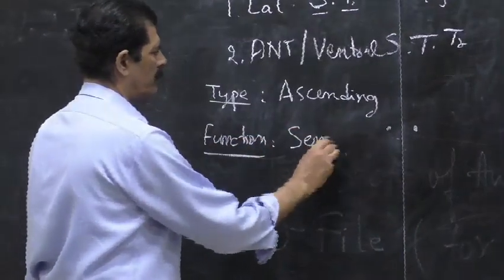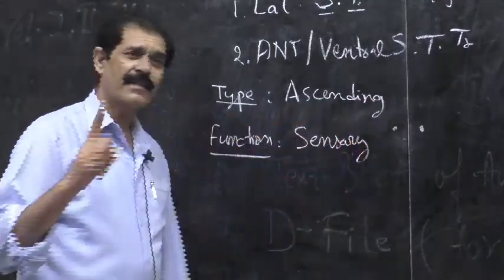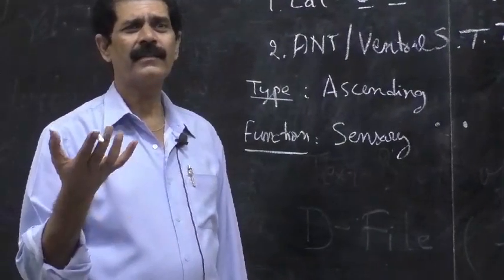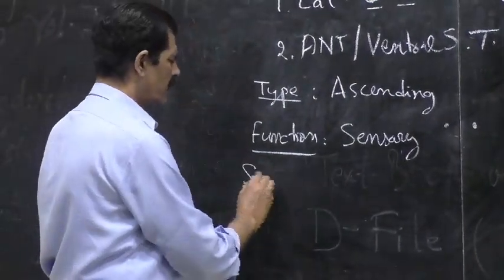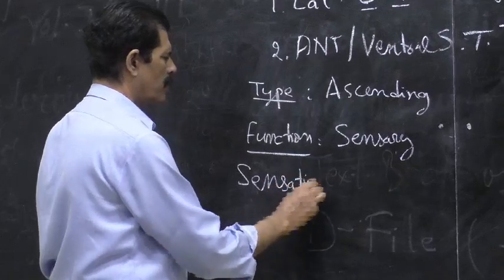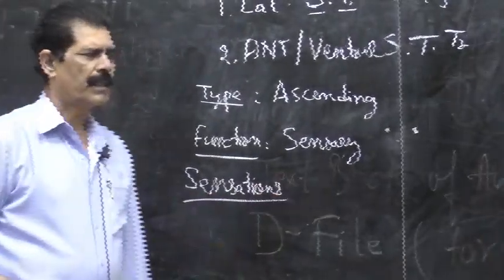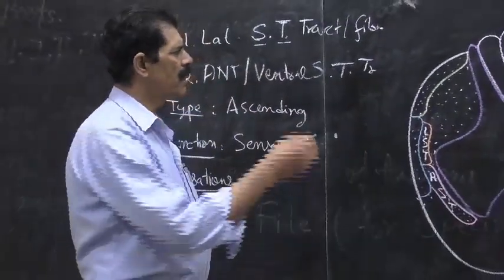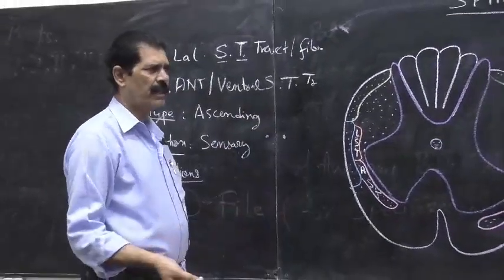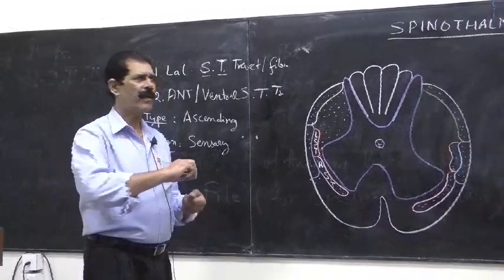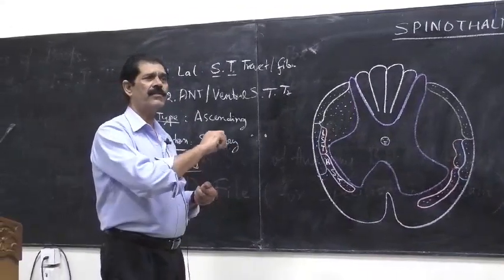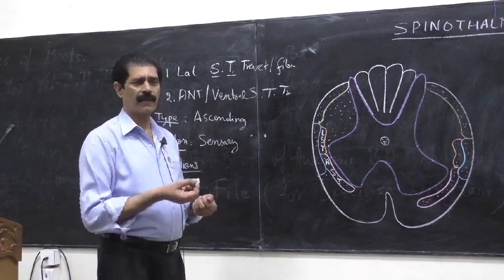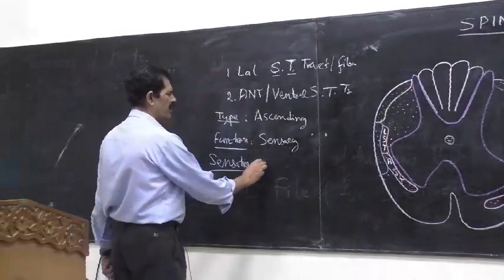So if they are ascending, their function will be sensory. Now the question arises, which type of sensations are they taking? For the sensation we have to trace the fibers from the tract to the periphery. When we do the dissection and find where these fibers start, they will give the answer.